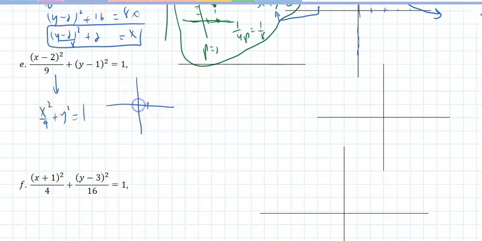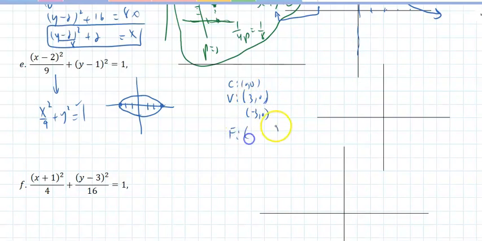In the x direction, 3 to the right, 3 to the left. So the center is at (0, 0) here, based on what I have. 3 to the right, 3 to the left, 1 up, 1 down. The vertices are at (3, 0) and (negative 3, 0).